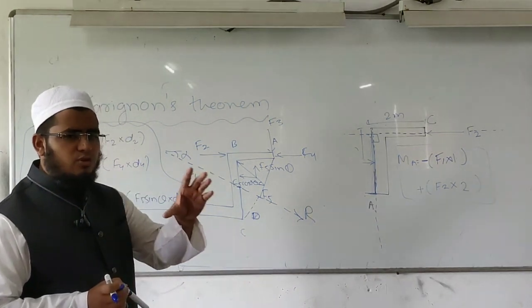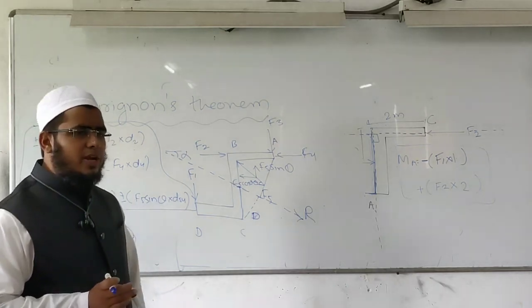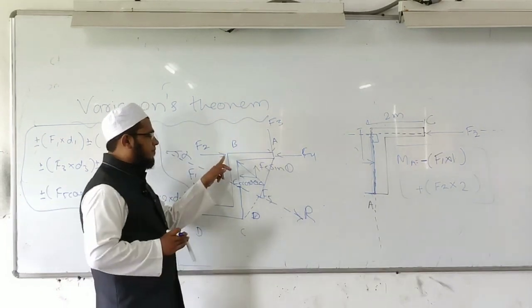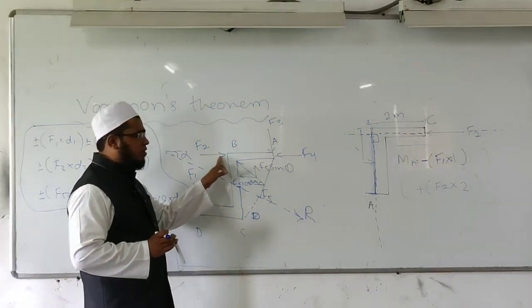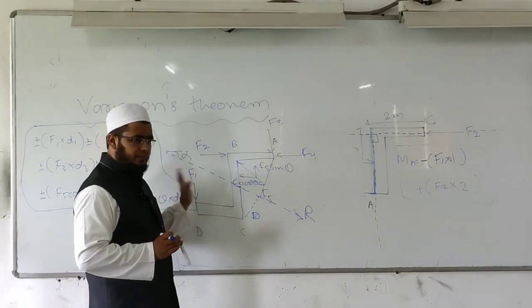Now magnitude is known, direction is known. Now I require the perpendicular distance. For the perpendicular distance, I will choose a moment center, a point from which the distance needs to be found.